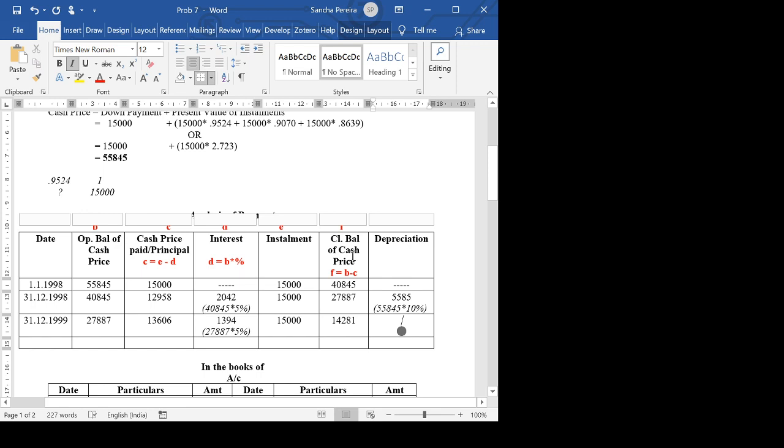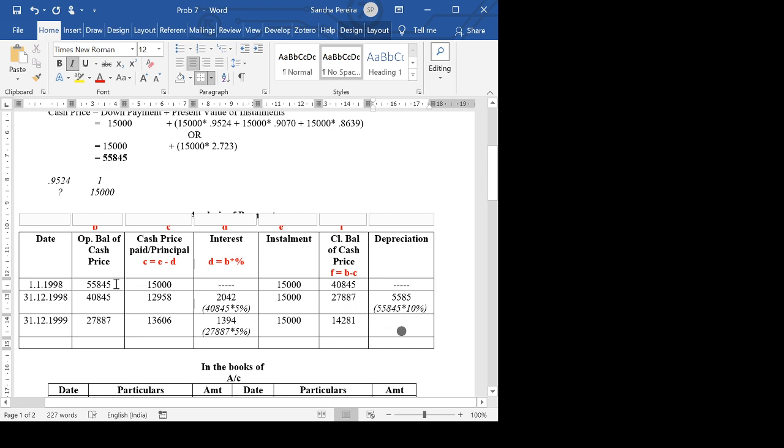Now what happens here is, when you're calculating, say for example, depreciation on this date, the end of the second year, you have to minus the previous year's depreciation from the original cost, and on the balance you need to calculate the depreciation. Okay, so how are we going to do that?